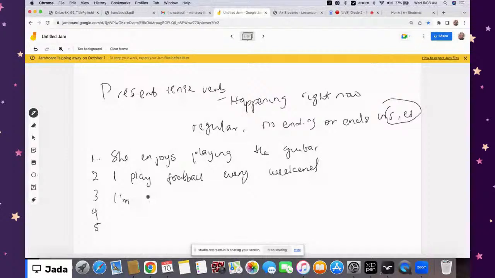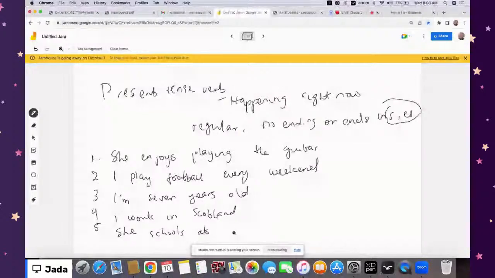And then the last one. Okay, so we have our sentences here. She enjoys playing the guitar. I play football every weekend. I am 7 years old. I work in Scotland. She schools at St. Camillus. So these are present tense verbs.